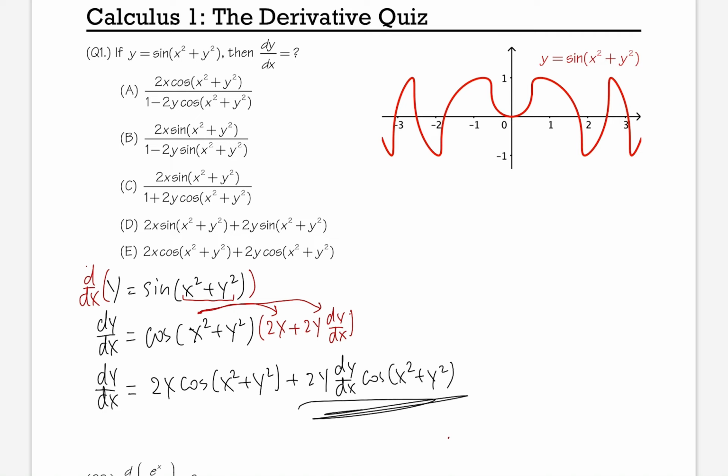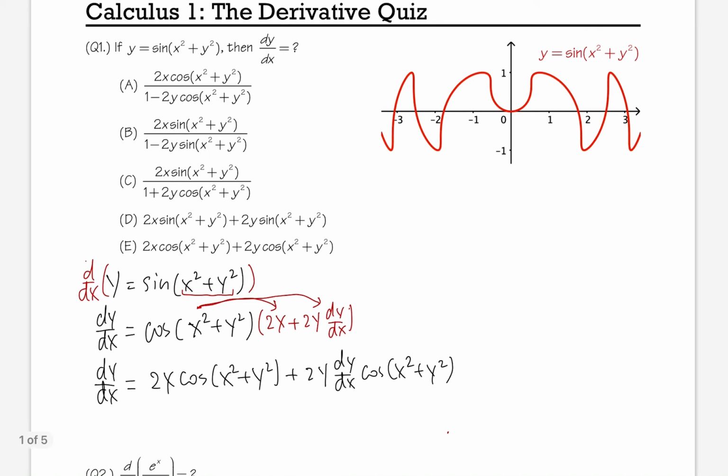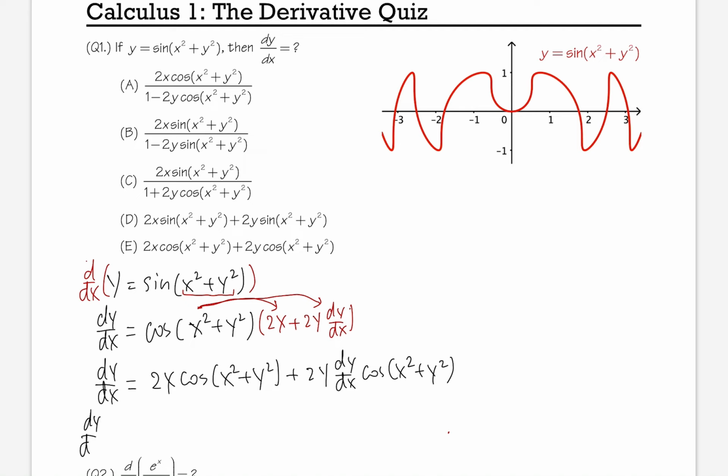And then we will have to move this to the left hand side. And when we do that, we will get dy/dx minus 2y dy/dx times cosine of x squared plus y squared, and the right hand side is still 2x cosine of x squared plus y squared.